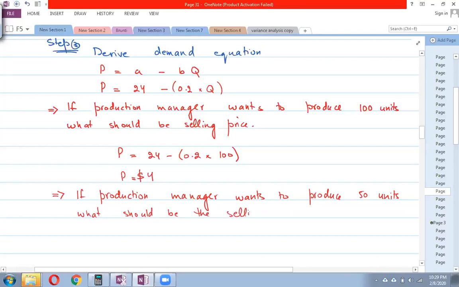Anyone? Can you find out the suitable selling price? I'll also do the calculation. Try to do it before me.